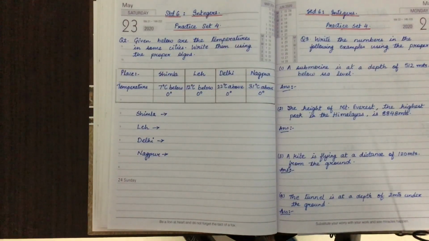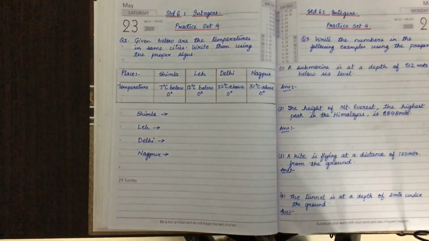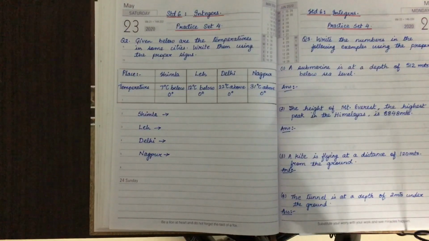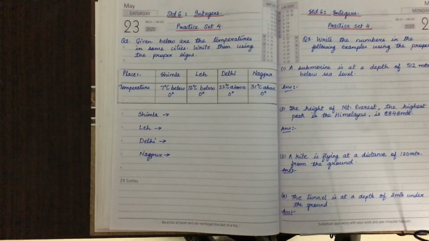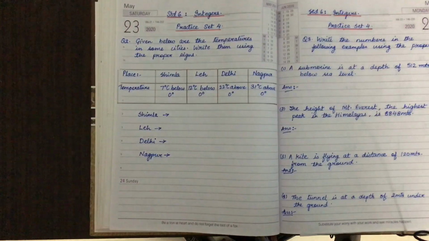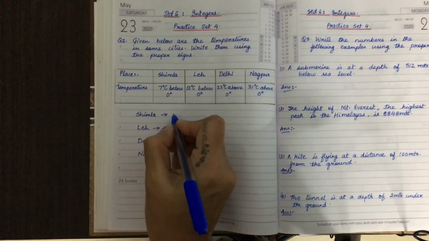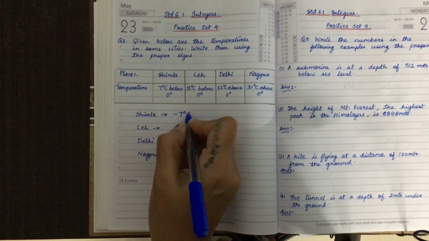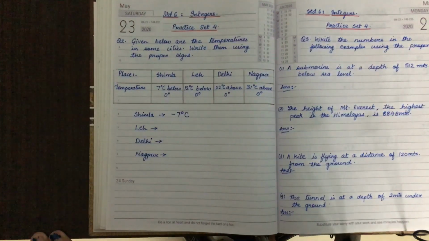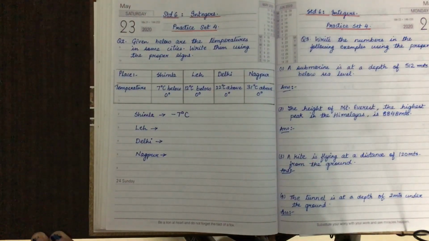So how will you write this information with the help of integers? 7 degrees below 0 means the temperature is negative. It is very cold. So this will be written as -7 degrees Celsius. This is the temperature for Shimla.